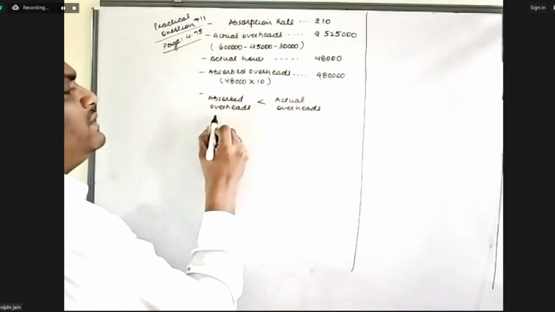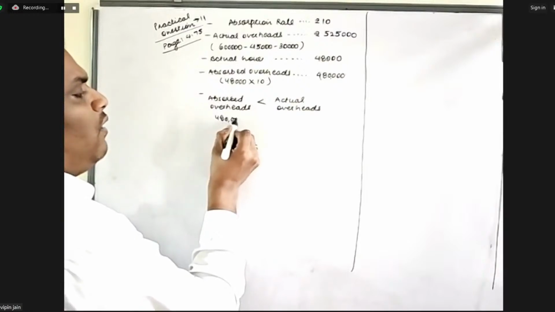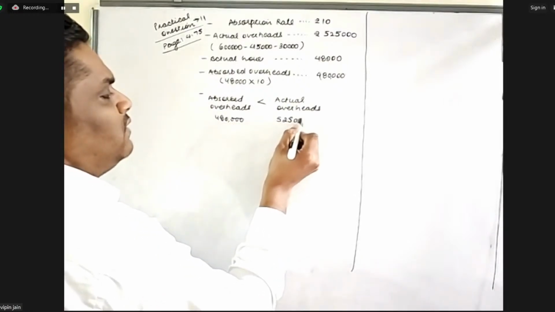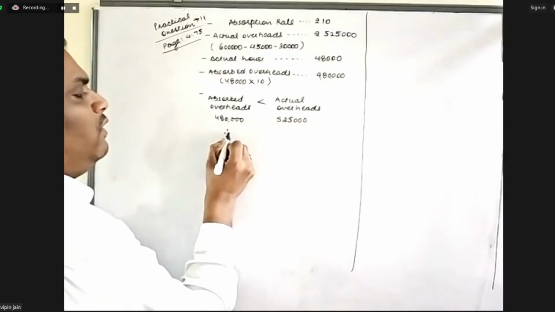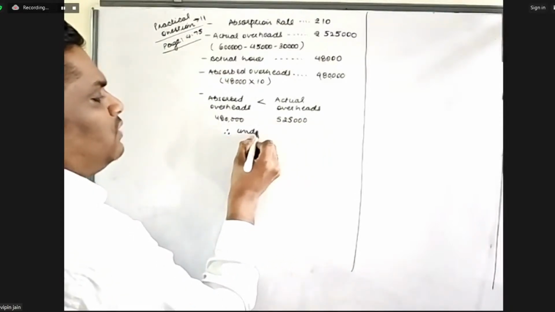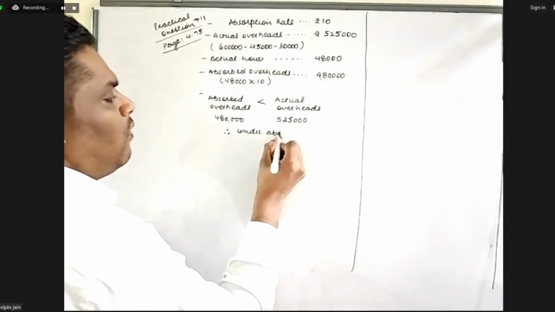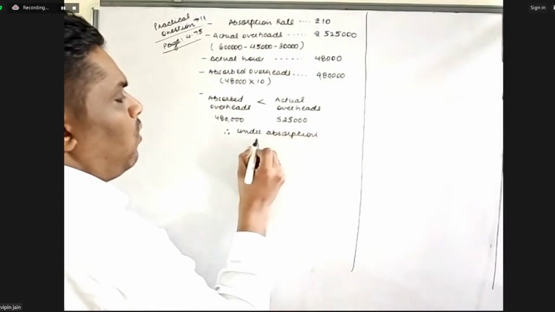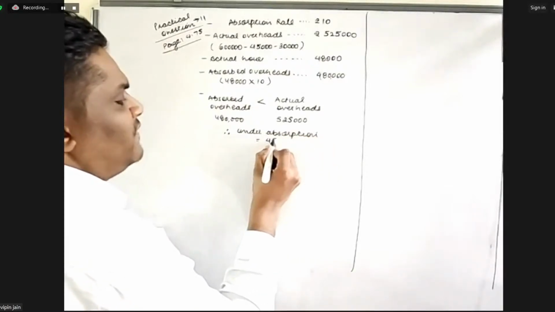My absorbed overheads are 4,80,000 and my actual overheads are 5,25,000. Therefore, under absorption rupees 45,000.